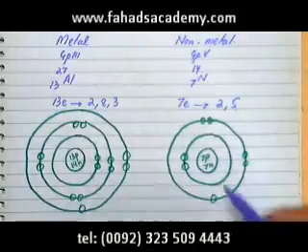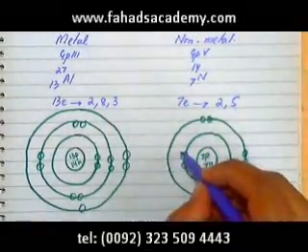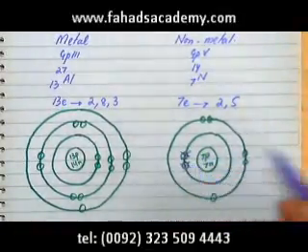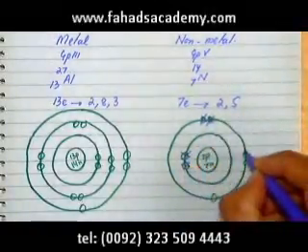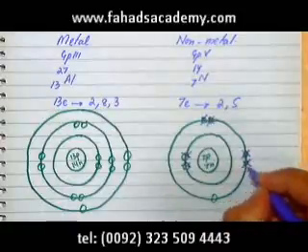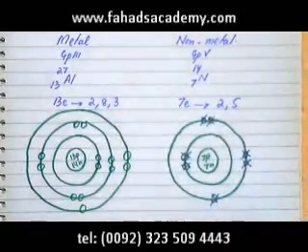Let me draw these electrons with crosses, because the electrons of one element would be represented by dots, and the other element would be represented by crosses. So I've drawn the electrons of nitrogen with crosses.